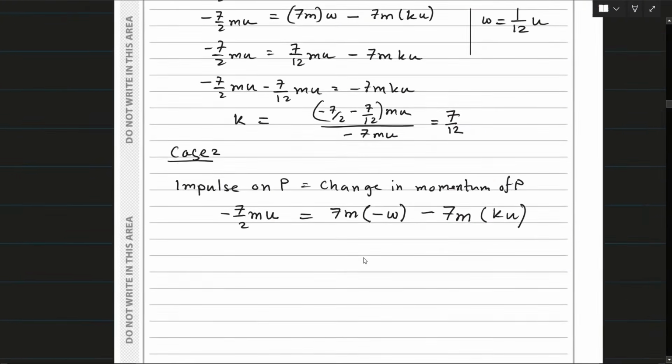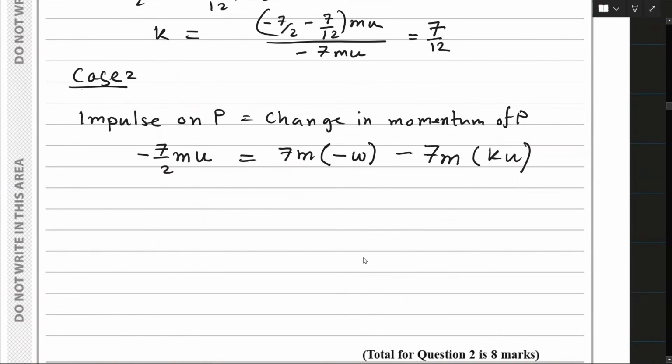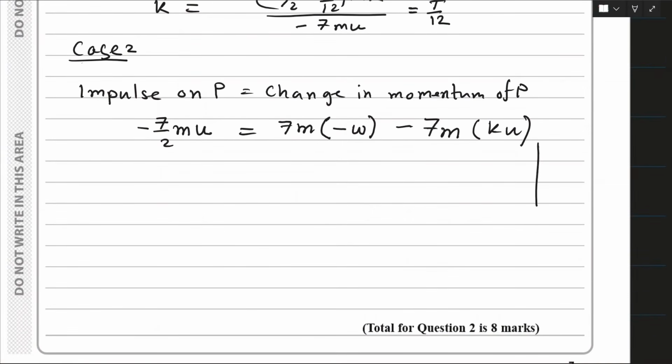Now we just have to simplify and find out the value of k. Again, we see from our part A that w is equal to 1 by 12 u, and then we can just simplify this.